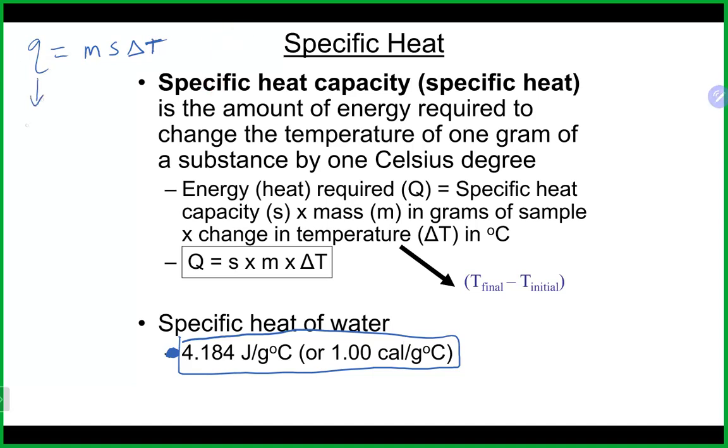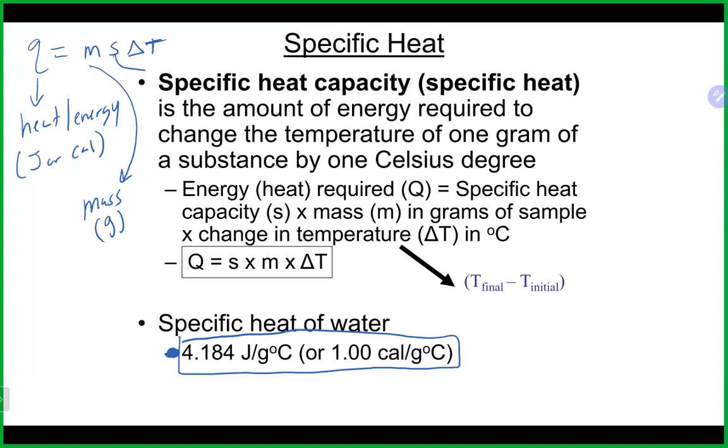Q is actually heat or energy, and it has units of either joules or calories. So Q in this equation has only one unit. And I say that because it is oftentimes mixed up with another value in this equation that has multiple units. M here is mass, and mass is in units of grams.